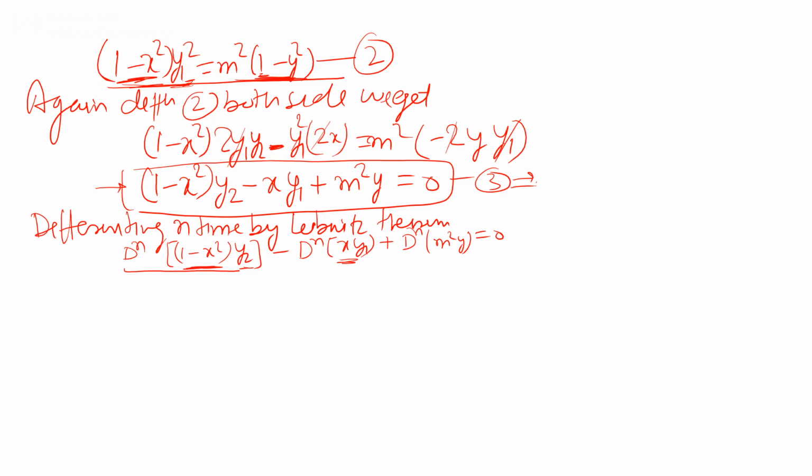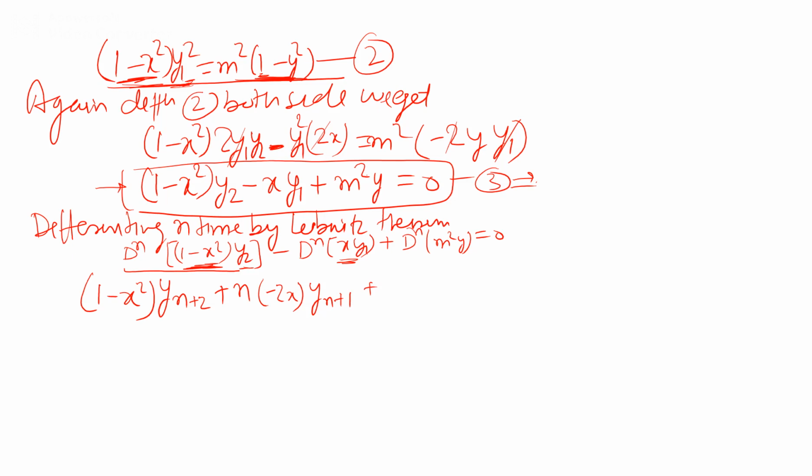So for the first term, when we expand, we get 1 minus x square, first function same, and the nth derivative of y2, we get y n plus 2, plus the second term nC1. So nC1 is n, one time derivative of 1 minus x square is minus 2x, and n minus one time derivative of y2 is y n plus 1.